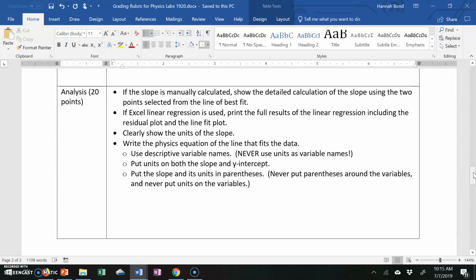Also, you put units on both the slope and the y-intercept, and put the slope with its units in parentheses, but that should be the only set of parentheses in the equation. Never put parentheses around the variables, and also never put units on the variables.